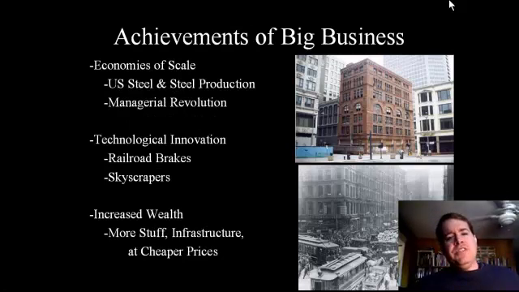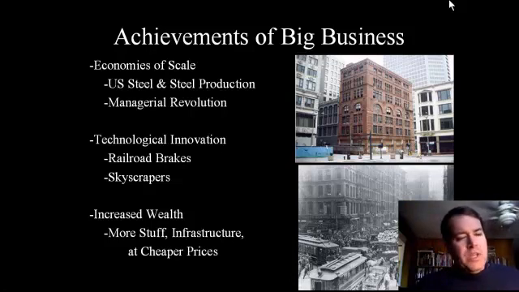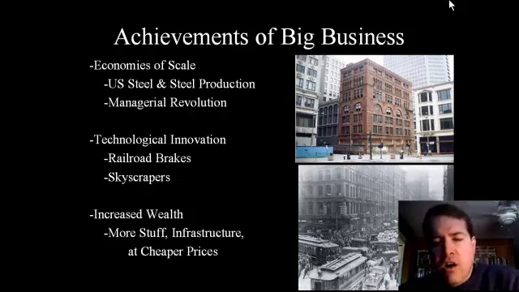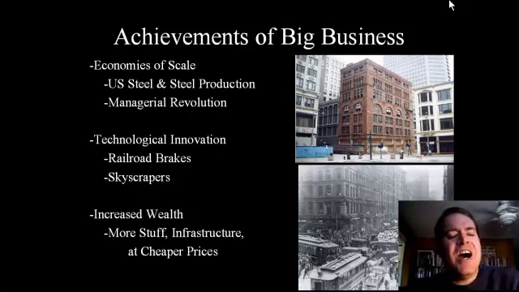So what are the achievements of big business? Well, whether we like corporations or not, we need them for cheap products, because corporations are able to reach what is known as an economy of scale. We see this with U.S. Steel and steel production. What is an economy of scale?